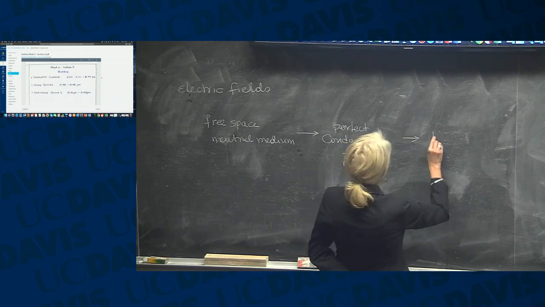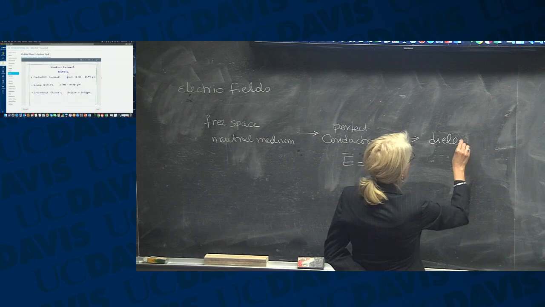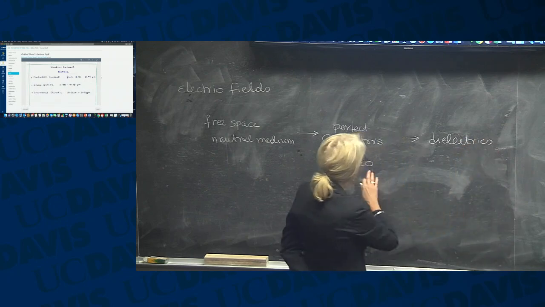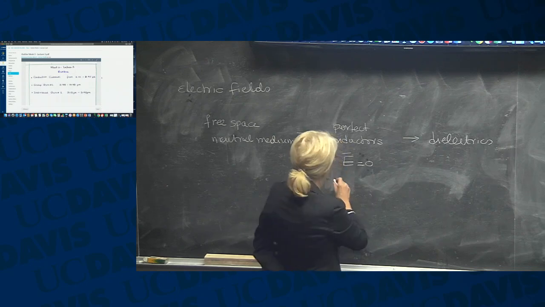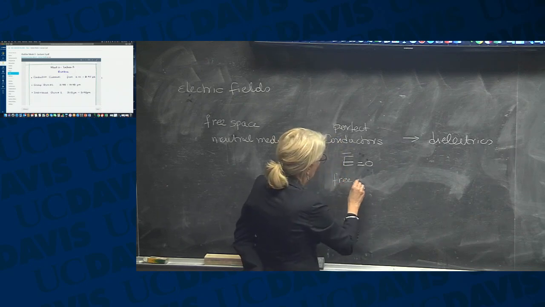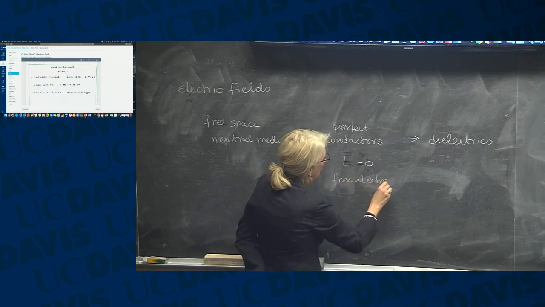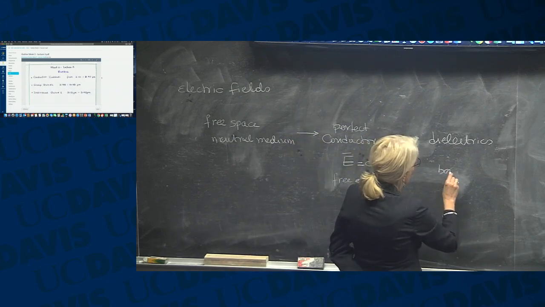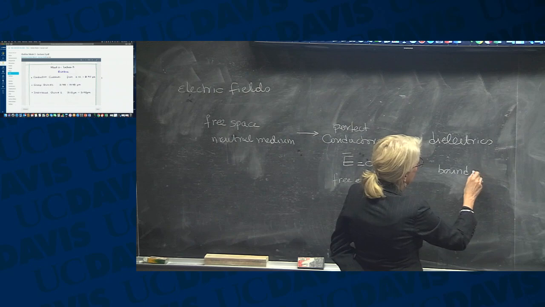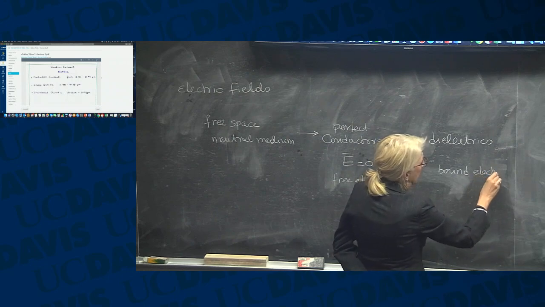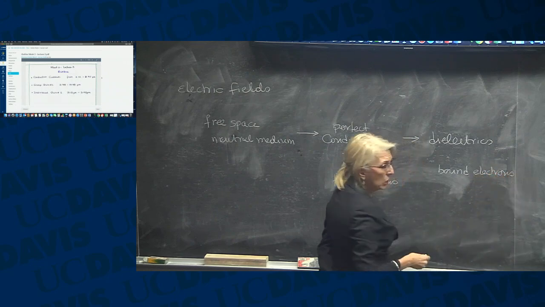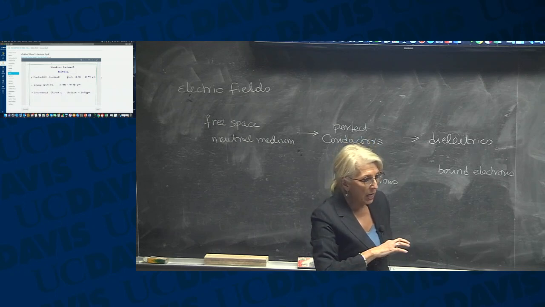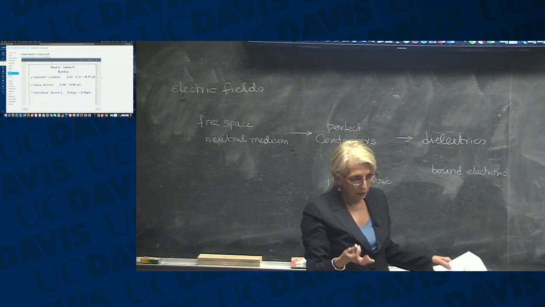And so in these dielectrics, we spoke not about free electrons, but about bound electrons, as sometimes you will hear it, which means that the electrons do not necessarily leave the nucleus, but they are displaced within the atom.